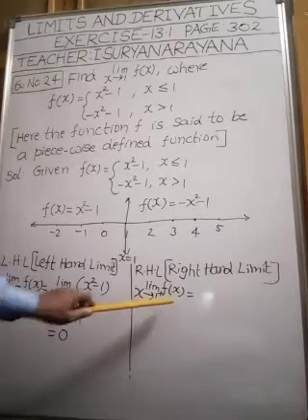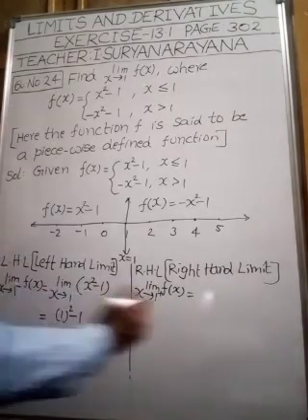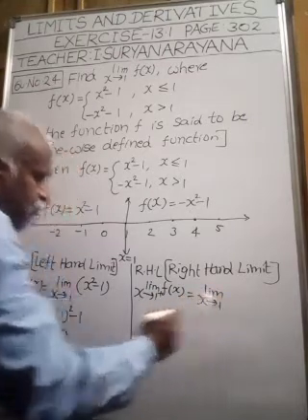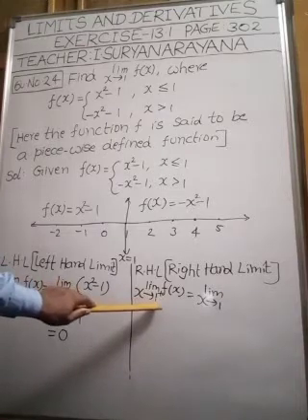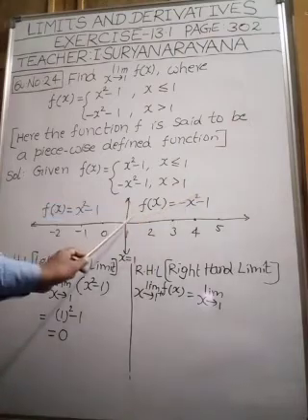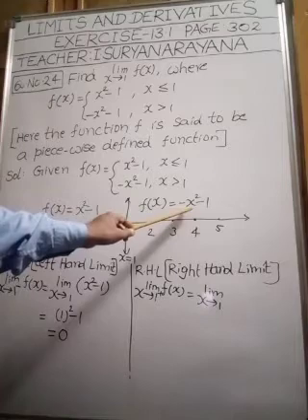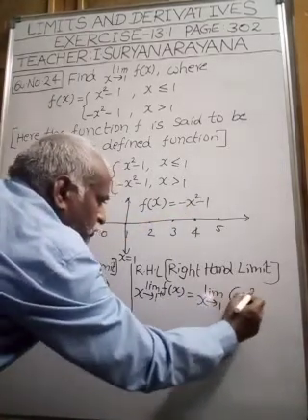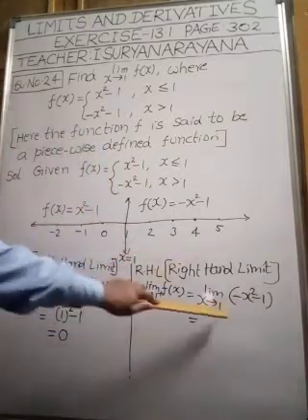Right hand limit of f of x as x tends to 1 plus means x is greater than 1. So we have to consider this one only. For x values greater than 1, we have to consider this function, not the other function. So minus of x square minus 1. Understood this step, my children?